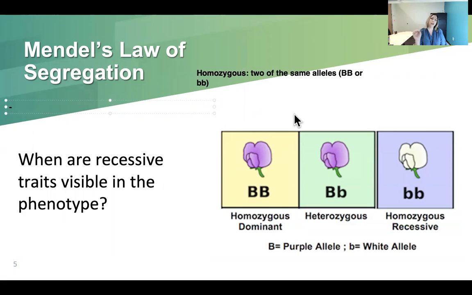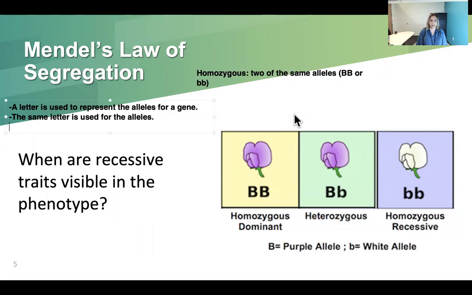So in this example, the letter is B. A letter is used to represent the alleles for a gene, so the same letter is used for the alleles.